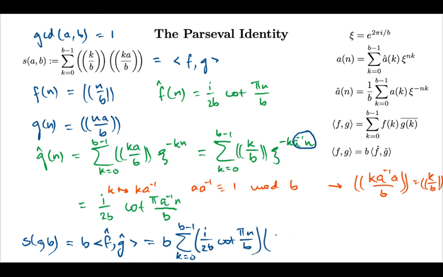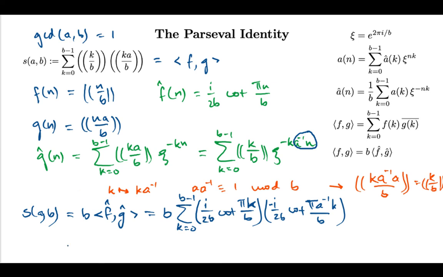For the second one, I have an i over 2b times the cotangent of pi A inverse k over b. But I need to conjugate this. Well, the cotangent is a real number, no problem. So this i over here becomes a negative i.